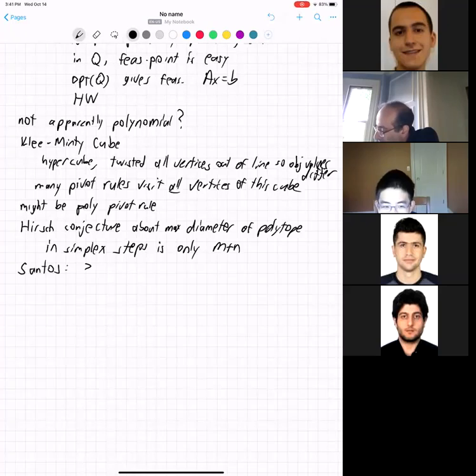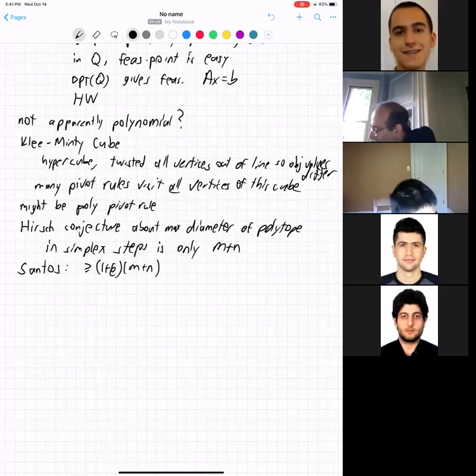Santos proved that the diameter is at least 1 plus epsilon times m plus n, in 2010. So this is pretty recent work. So the Hirsch conjecture is false, but in a way that doesn't matter for what we care about, right? If you could achieve 1 plus epsilon m plus n, you would still have hopes of a linear time simplex algorithm.